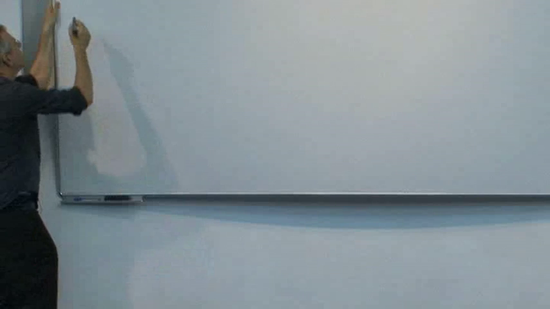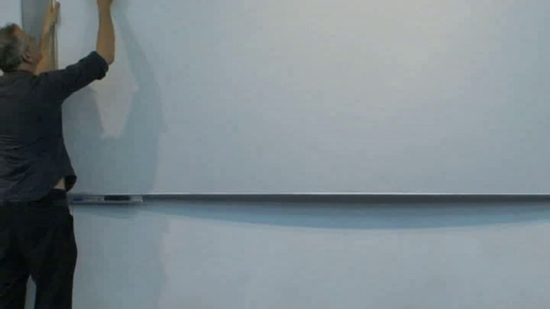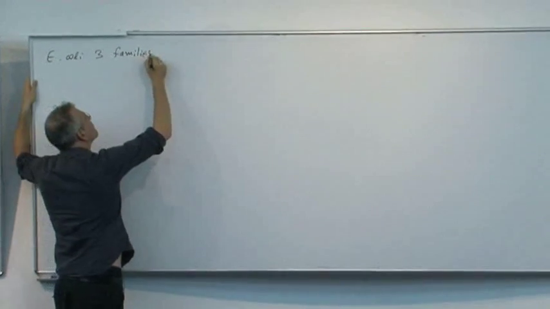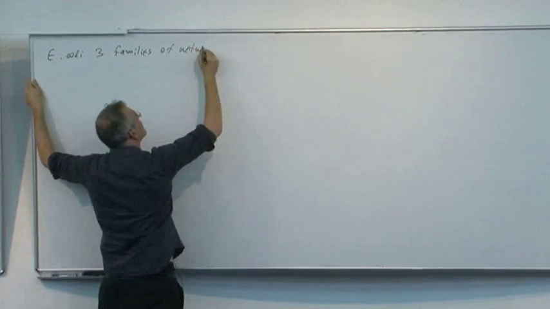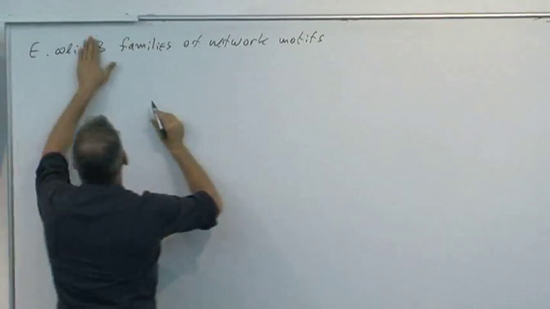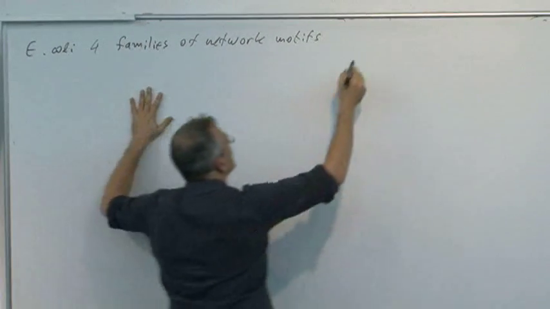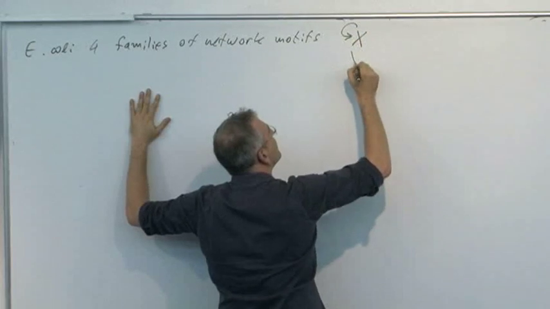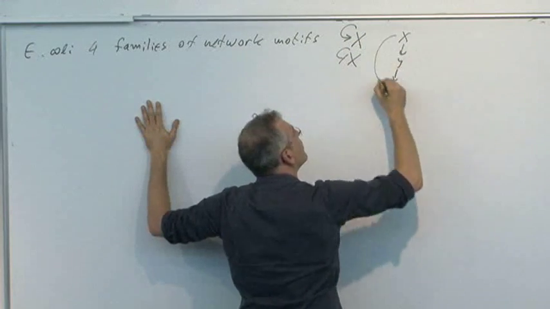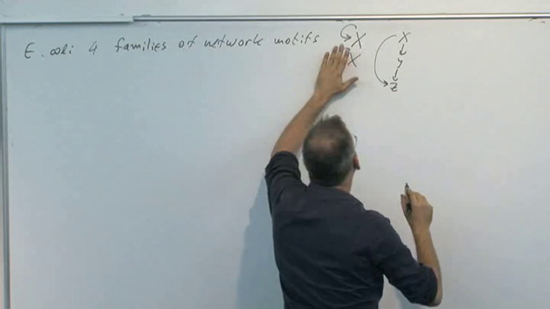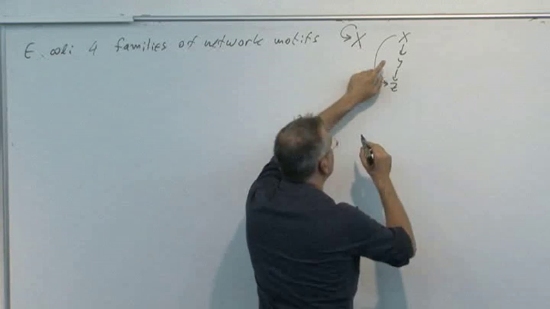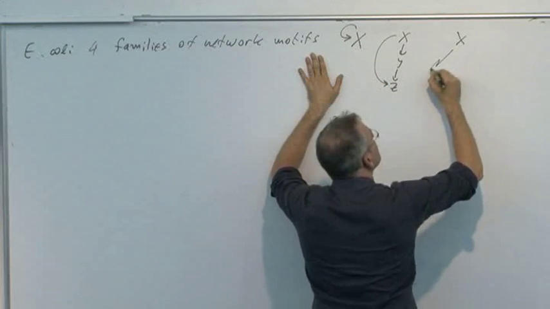Okay. So I want to say that in E. coli, there are only 3 major families of network motifs. I'm going to say 4 because it depends how you define it. There's this, right? There's this. So I'm not going to take care of the signs right now. So autoregulation, feed forward. There's this.